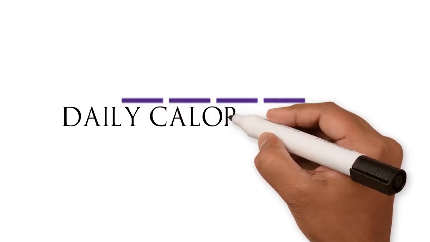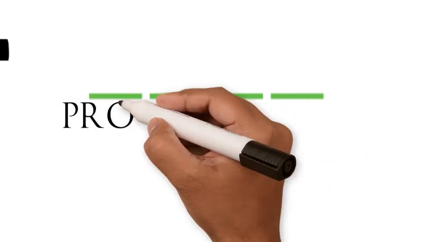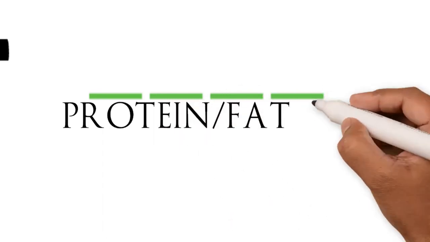You're going to grab your daily caloric intake and subtract what you just found out, your fats and your proteins combined. This will equal how many calories you'll have left over to utilize for your carbs.